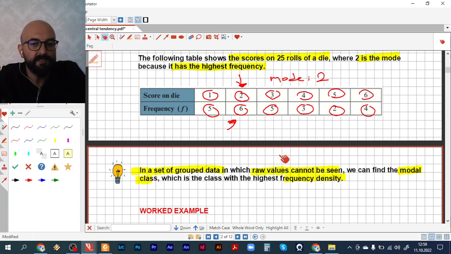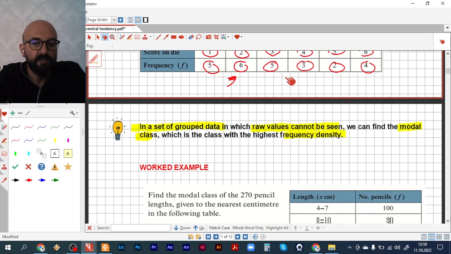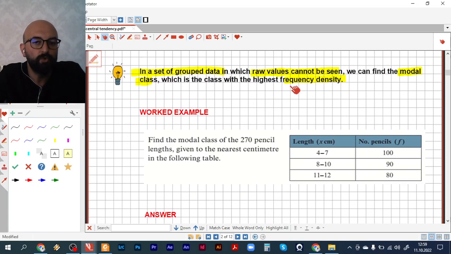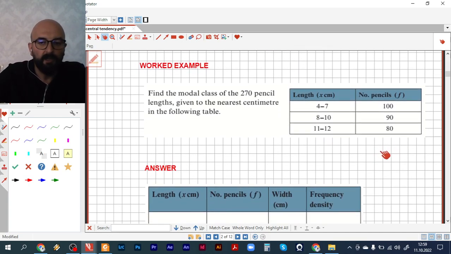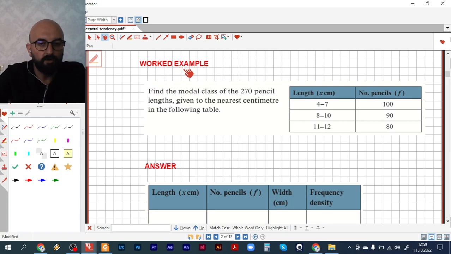But sometimes we can't see how many times the values come, which is the frequency. So we should use frequency density. I hope in these worked examples you can understand easily.